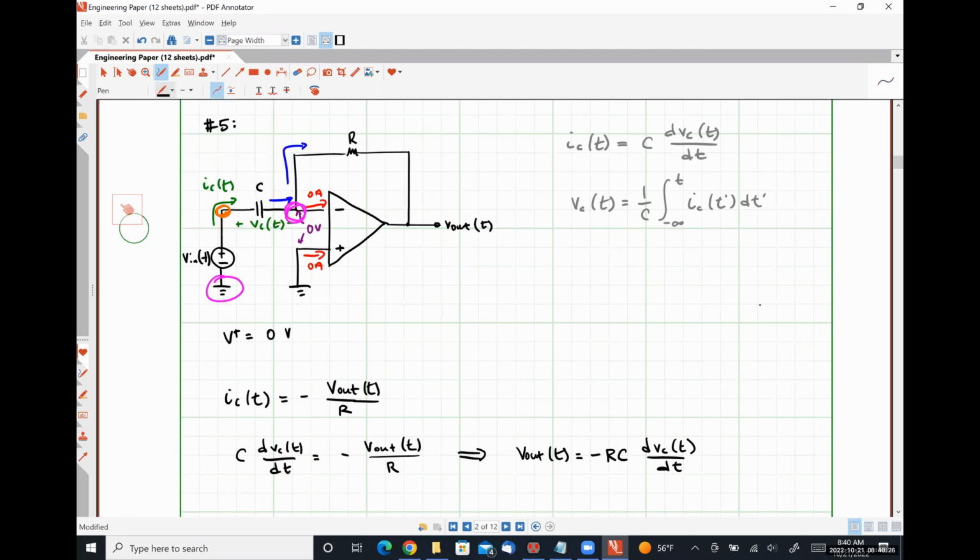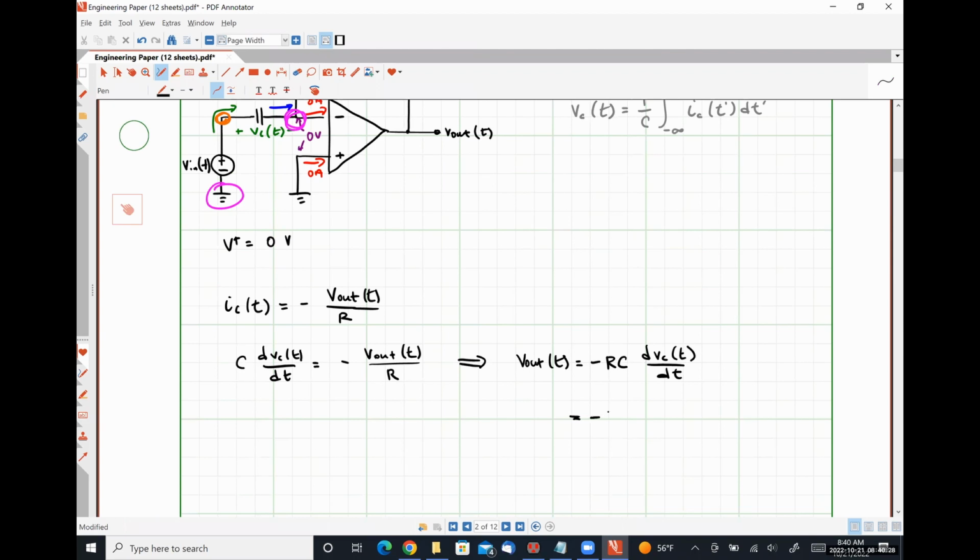And using that relationship, we get this. So in this particular circuit, which is what we're going to call a differentiating amplifier, the output signal, V out, is a scaled version of the derivative of the input signal.